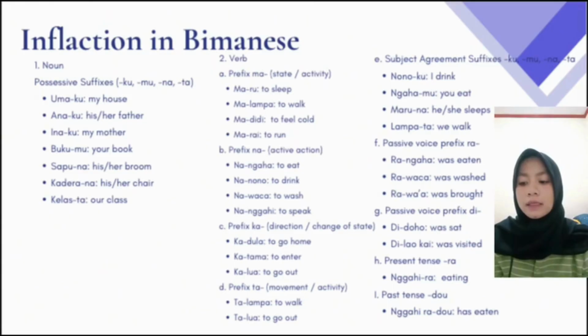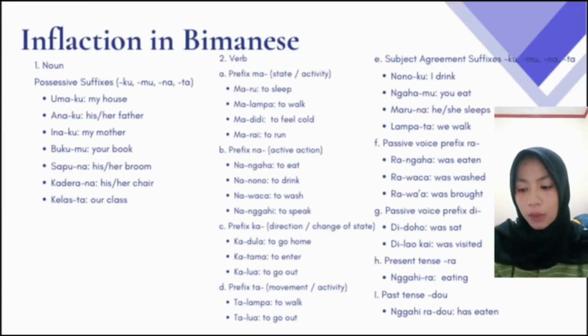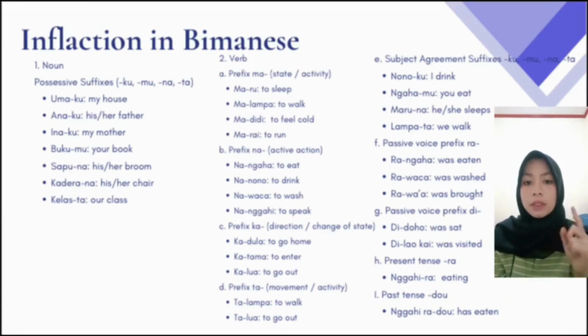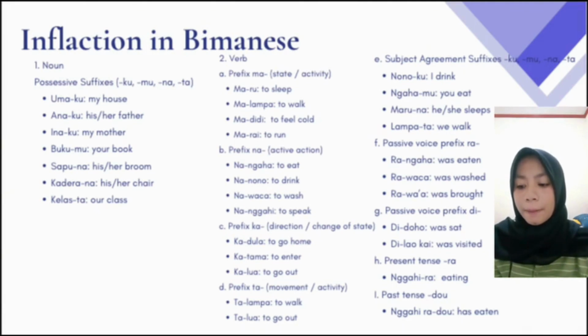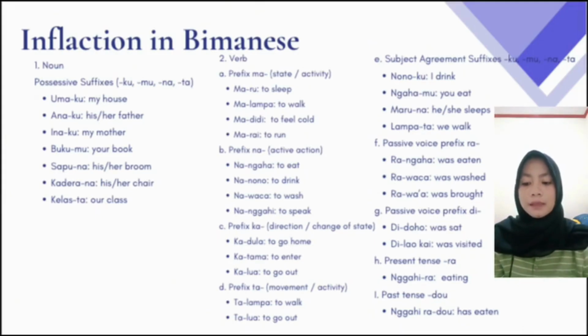And then subject agreement: ku, mu, na, and ta. Ku means I, mu means you, na means he or she, and ta means we. For example, nonoku means I drink, and ngahamu means you eat. And then prefix ra. The prefix ra marks passive verbs.